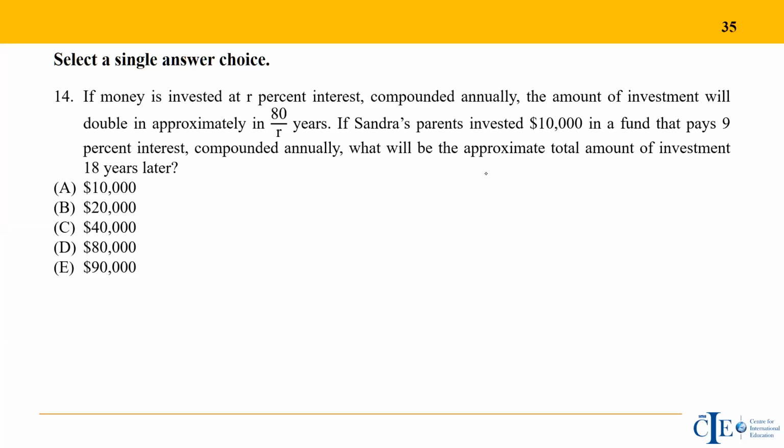Generally, this is a case where it's given that the amount we are investing, if the original value is P, gets doubled. The investment will double, so it becomes 2P in approximately how many years?